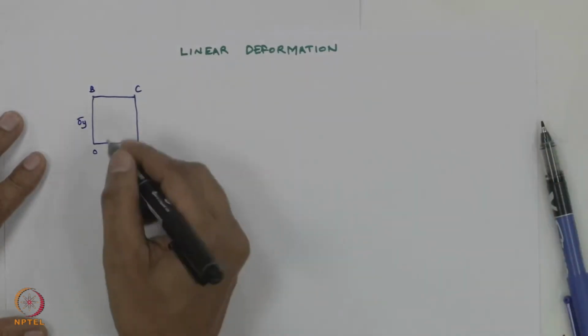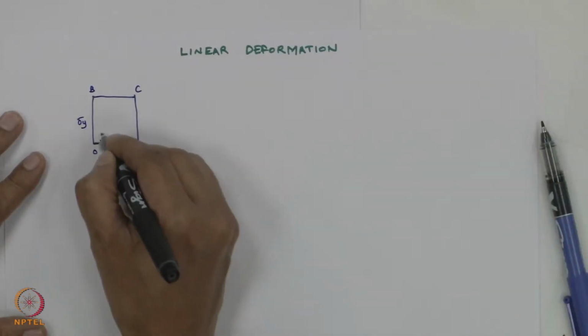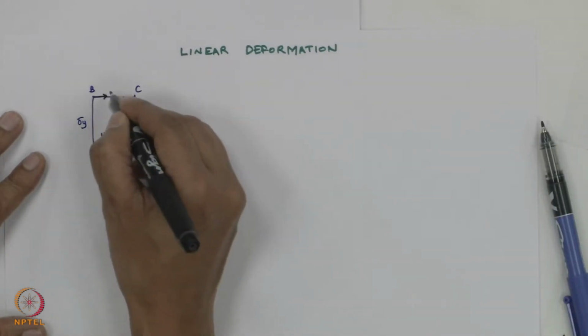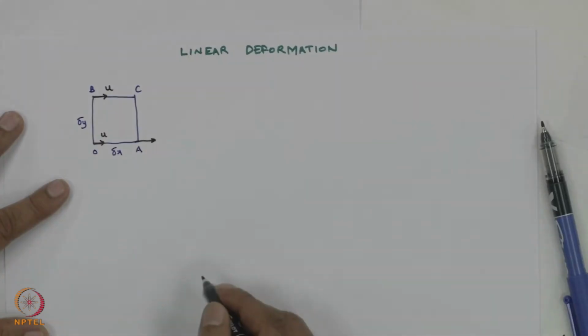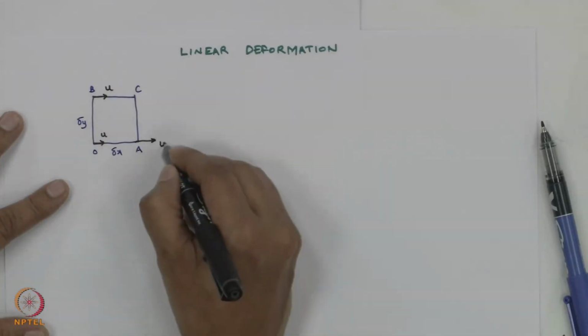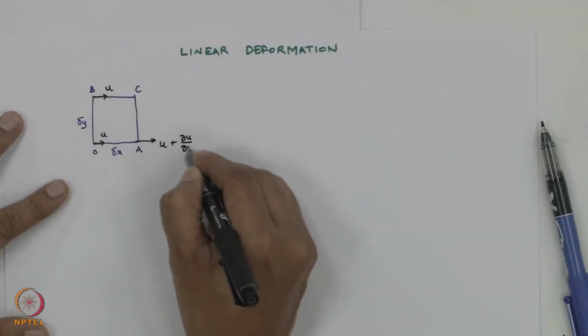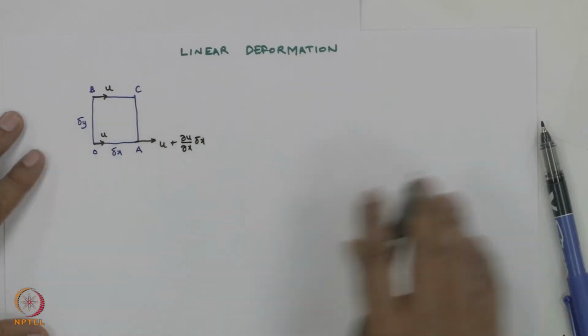So what is the velocity here? At O it is u, and what is the velocity at B? It is u. And now what is the velocity here? Here it is u plus del u by del x delta x. How did I write this?